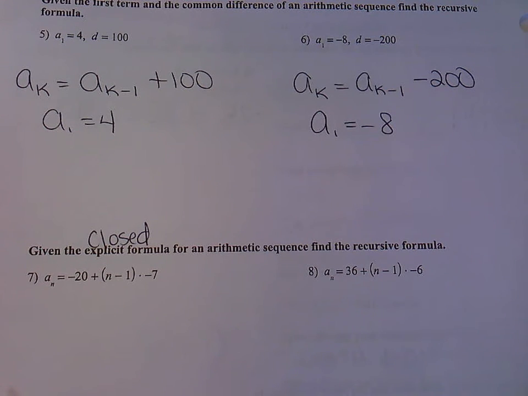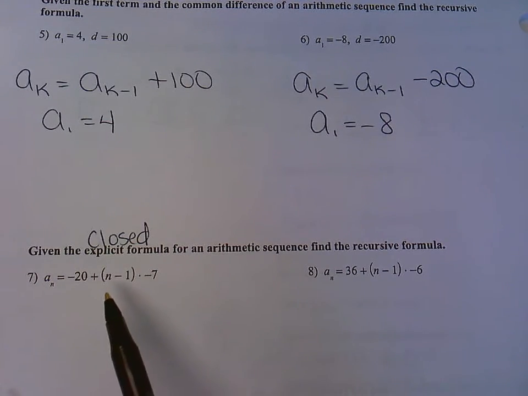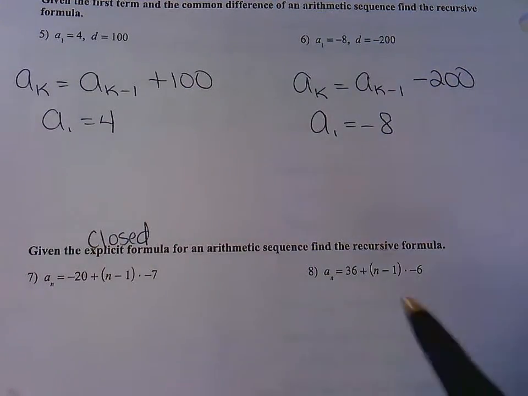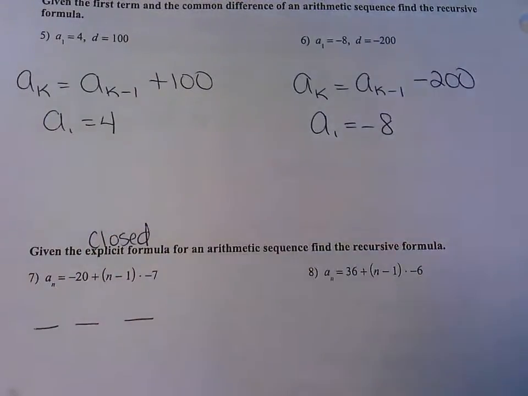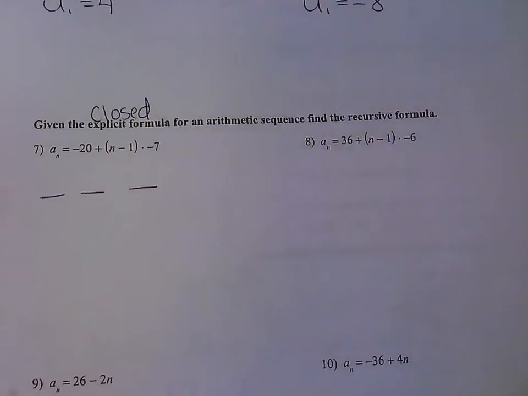Find the recursive formula. I can't find a recursive formula unless I can look at the first few terms, because I can't tell what exactly the starting value is or what the common difference is. Maybe you can. But another way you could start is just by generating the first 3 terms using the closed formula, and then you could generate the recursive formula from there.